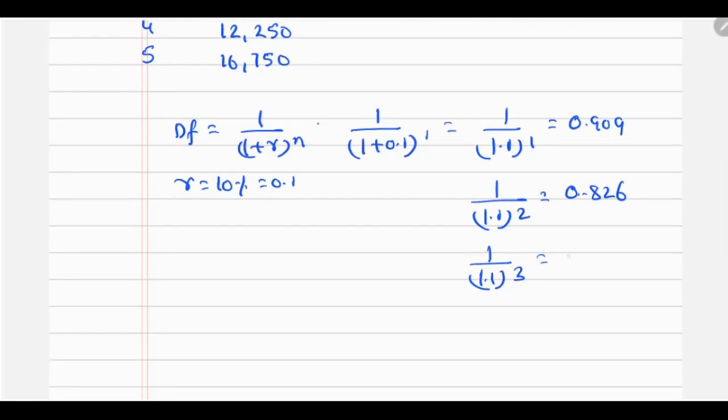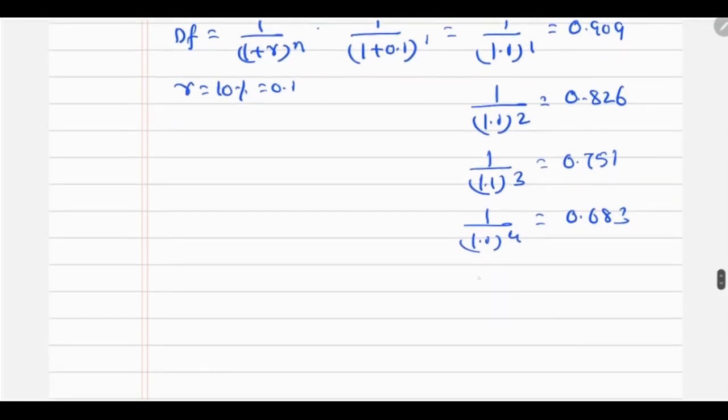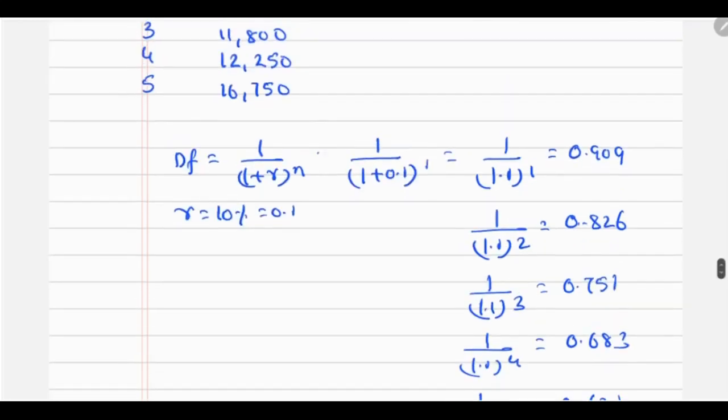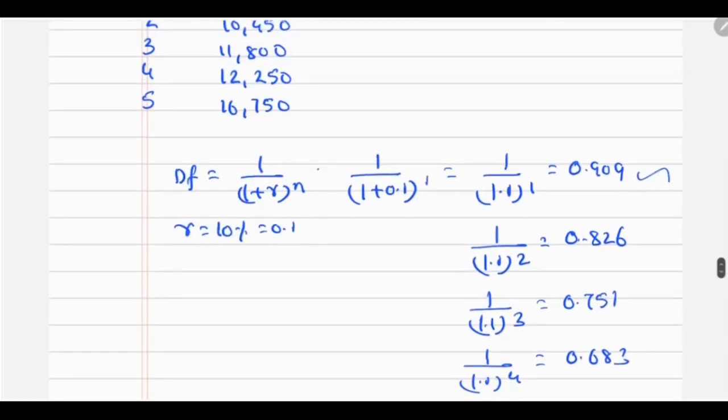You'll be getting 0.751. Again for fourth year, 1.1 whole power 4, there is no need of putting any whole power. Once again you press equal to, you will be getting 0.683. Again for fifth year discount factor, 1 divided by 1.1 whole power 5, you'll be getting 0.621.